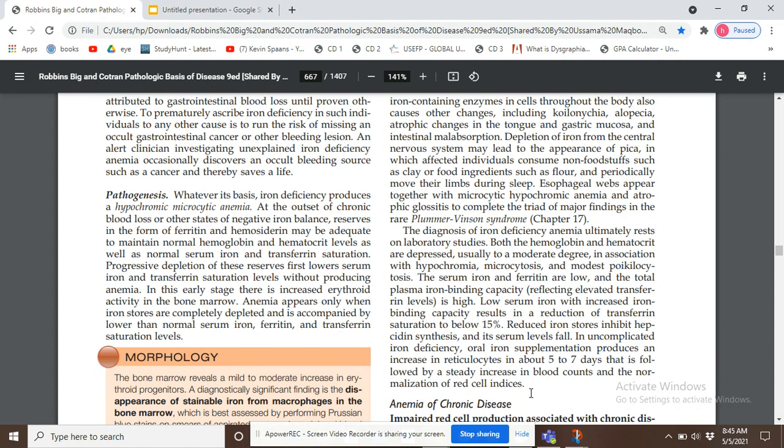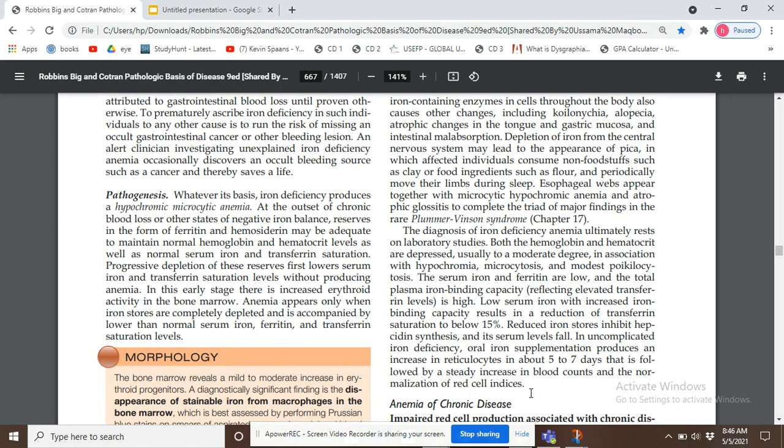The diagnosis of iron deficiency anemia includes CBC, which shows decreased hemoglobin, decreased hematocrit, decreased red cell count, microcytosis, hypochromia, and poikilocytosis. Then we do serum ferritin, which is the best initial test and is low in iron deficiency anemia, along with low serum iron, low transferrin saturation, and elevated total iron binding capacity, TIBC.